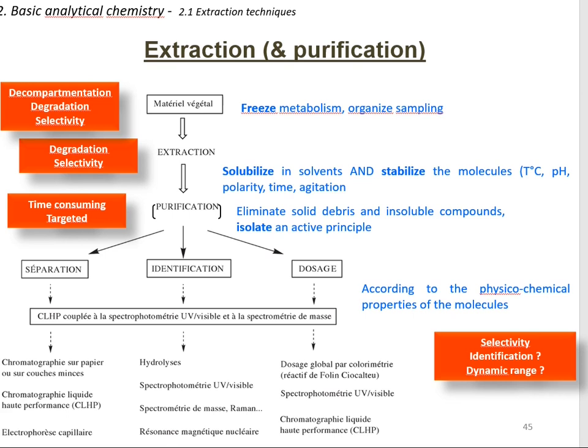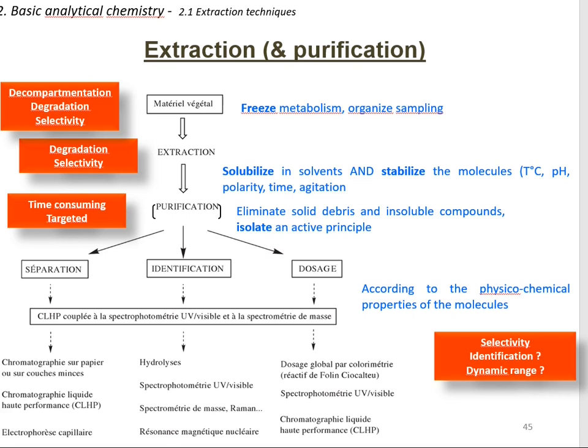In red, I reported the different biases, the different problems you can encounter and that you will encounter if you do such analysis, like decompartmentalization, degradation, selectivity. Maybe the extraction is very good for a type of compound, but not very good for another. The degradation of the compound, some of them are very unstable.